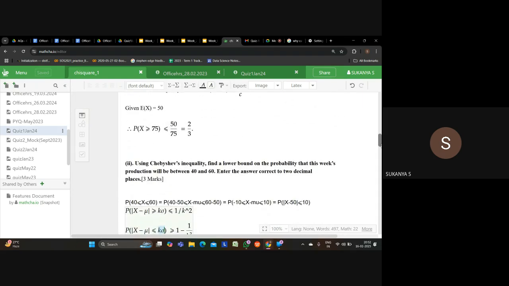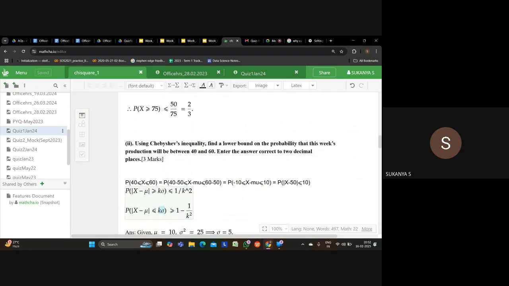You have k sigma equal to 10; you get k from here and substitute into the right-hand side to obtain the probability. Okay, then you can solve.